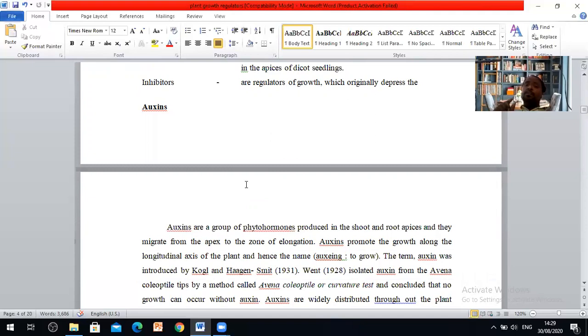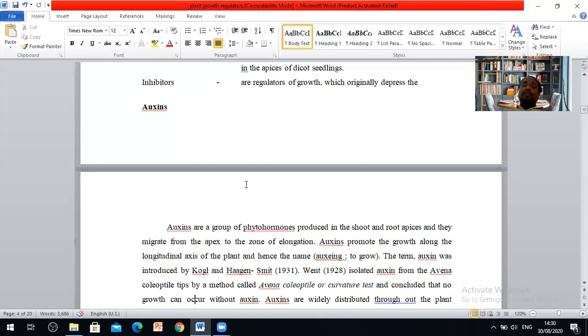Auxins promote growth, so they are considered growth promoters, and the promotion of growth is along the longitudinal axis of the plant, hence the name auxin.